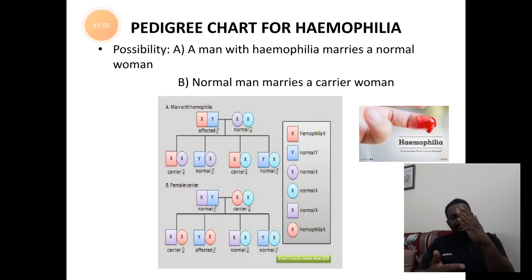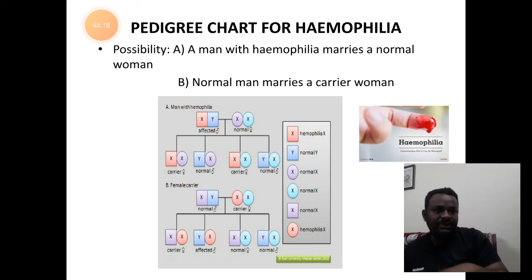If there is a cut in their body, the oozing of blood occurs continuously because the clotting factors are absent in them. This condition we call hemophilia. It is also called Royal's disease because it is seen in Queen Victoria's family.